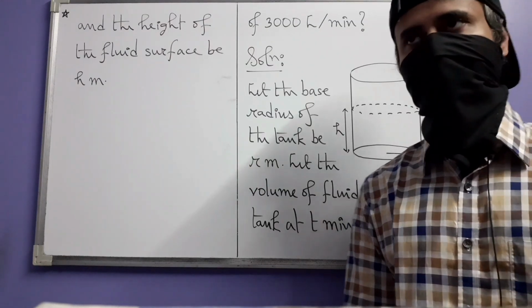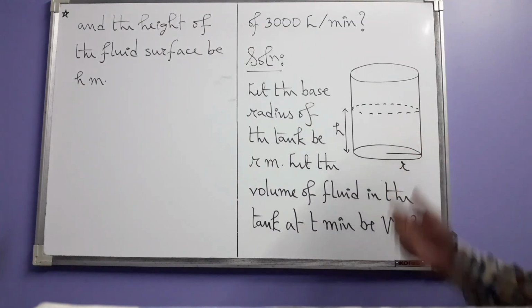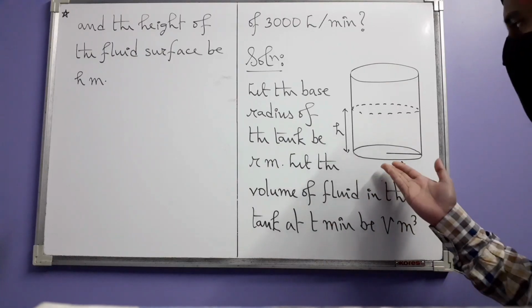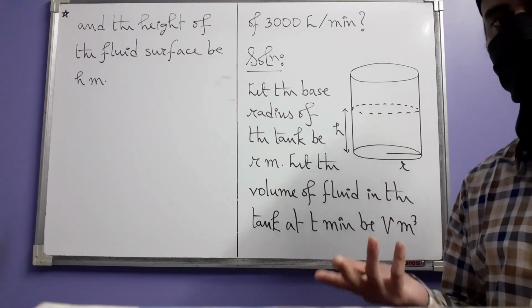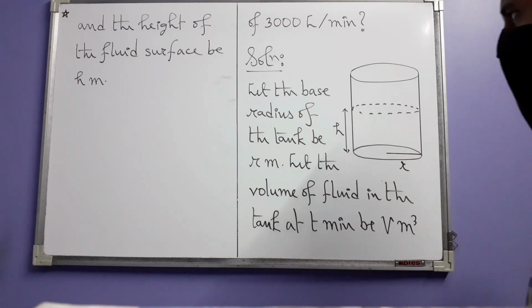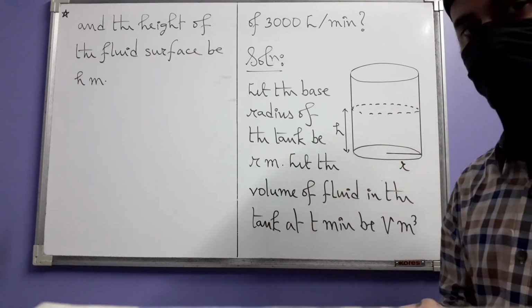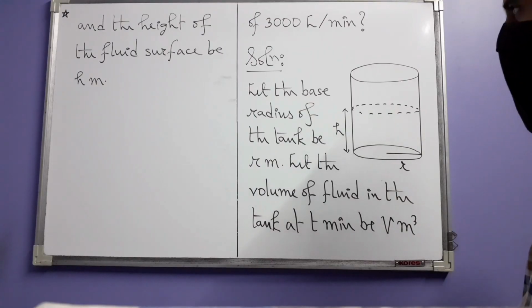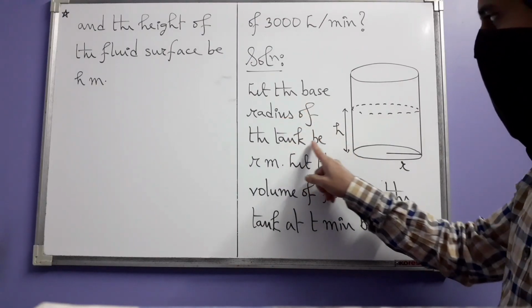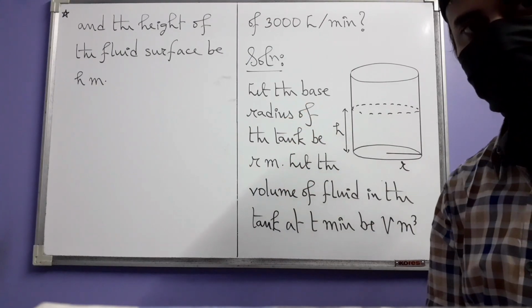So we start the solution like this. We draw a small figure, which is not geometrically accurate. It will just give us an idea of what's going on. So this is the cylindrical tank. It has some radius, and by naming these things, we start the solution. Let the base radius of the tank be r meter, say.